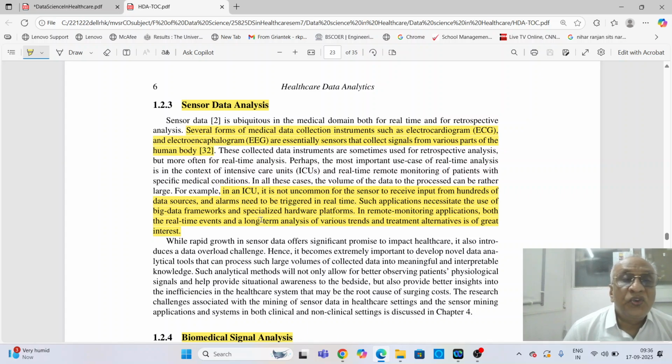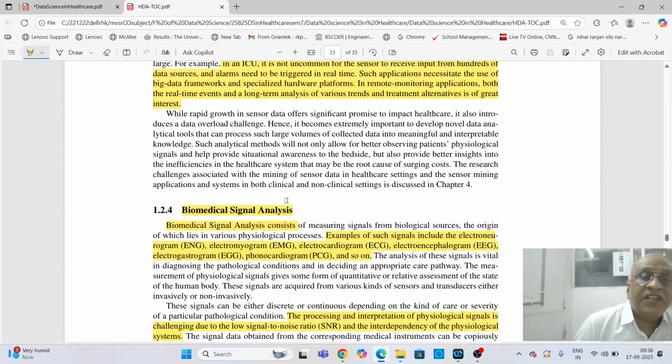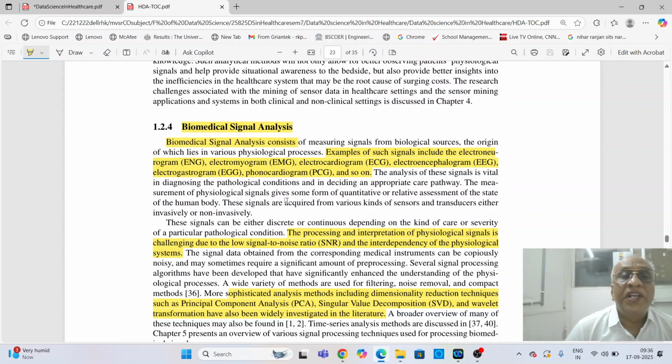That will lead to the usage of big data frameworks and specialized hardware platforms. If the patient is remotely monitored, the real-time events and long-term analysis of various trends and treatment alternatives are of great interest.